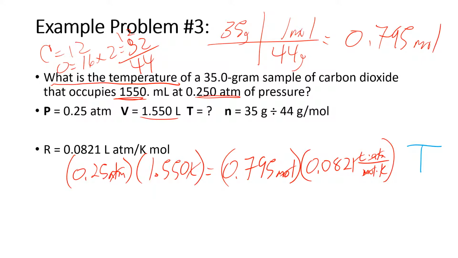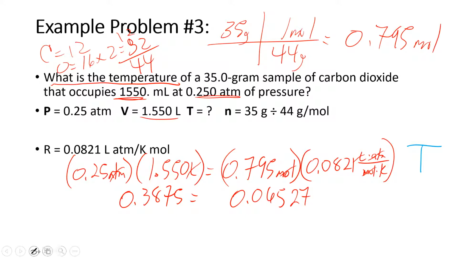So 0.25 times 1.55 is 0.3875. So 0.3875 is equal to 0.795 times 0.0821, which is 0.06527, let's say.